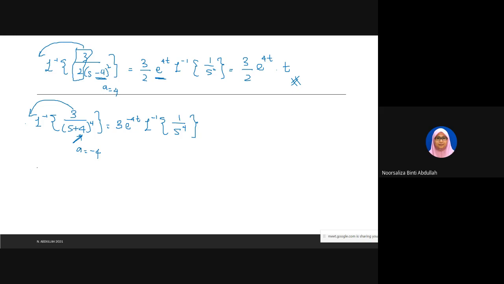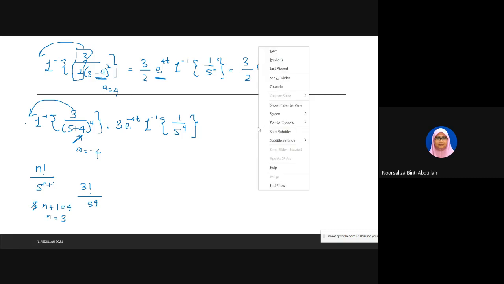You know that n factorial over S to the power of n plus 1. So S to the power of n plus 1 is actually S to the power of 4. So n plus 1 equals 4, then n equals 3. So this should be 3 factorial over S to the power of 4. But there is only one here, so you have to modify it a little bit.